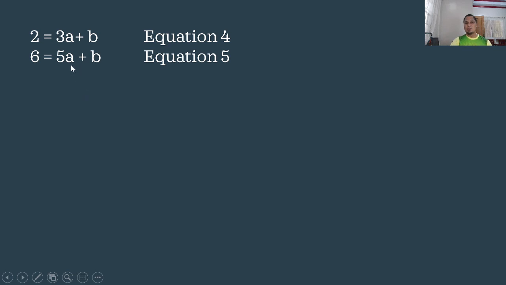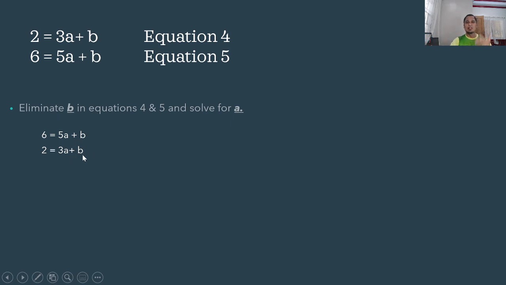So with that, we can get the value of a if we eliminate b. Eliminate b in equations 4 and 5 and solve for a. Notice that on top I always place the one with the bigger value, and the other one below. So we will be eliminating this one, but we have positive and positive.